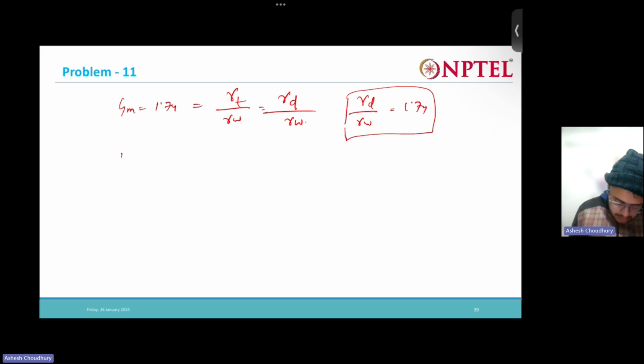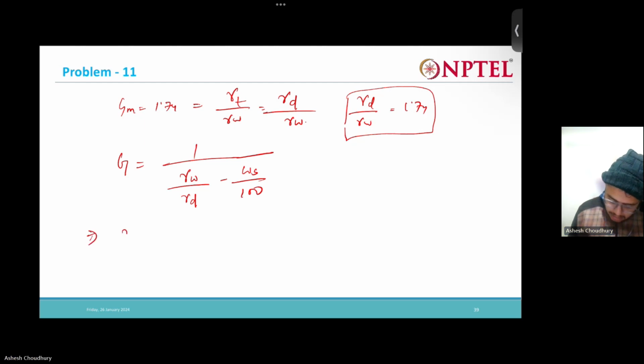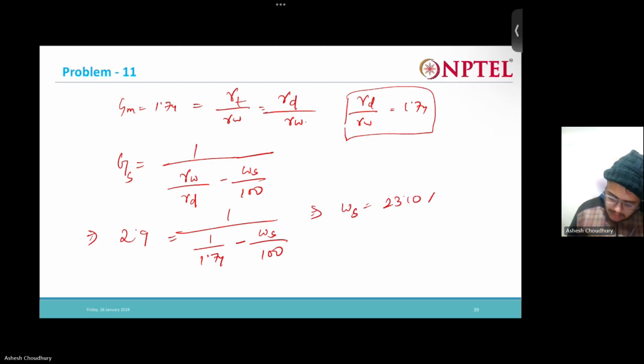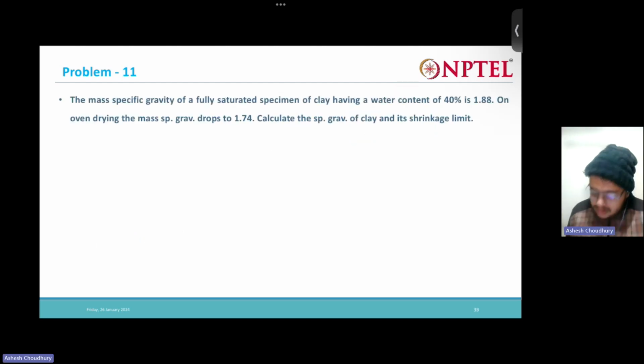Now this is one important relation that you can remember, with the shrinkage limit by 100. If you solve this, you can get the shrinkage limit as 0%.